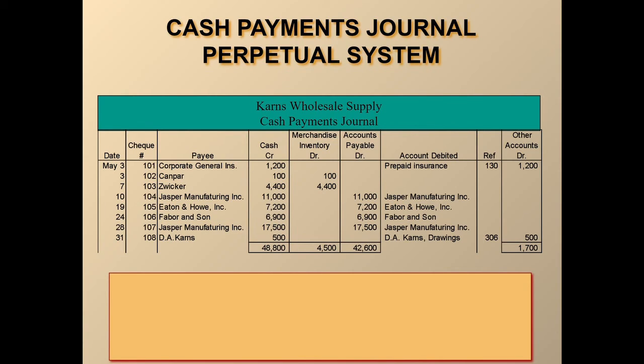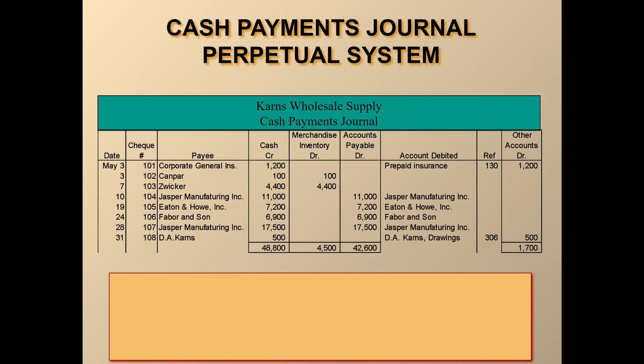If you look at Canpar, for instance, that one's probably shipping, so shipping costs to get your inventory in. These could be freight costs. The other ones, Eaton Howe, Faber & Son, Jasper Manufacturing, are paying off those net 20 bills. If you look back, you'd probably see the same totals. It just breaks it down into a basic transaction.